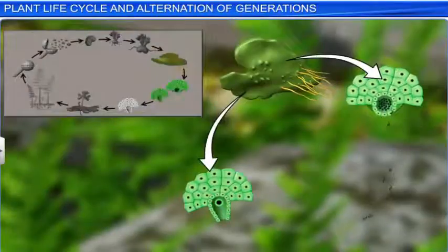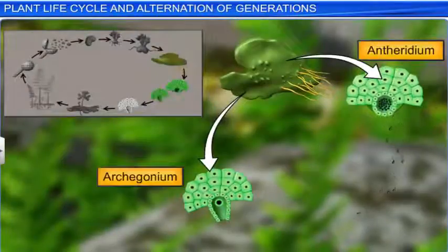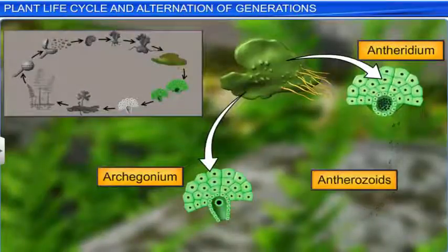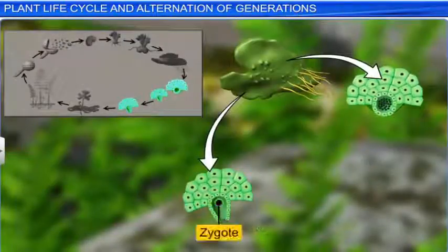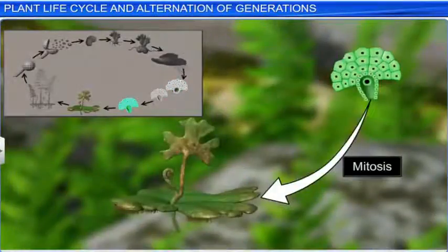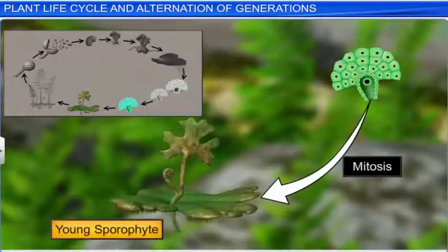The prothallus bears the antheridium and archegonium that respectively produce antherozoids and egg, the haploid male and female gametes. The fusion of these haploid gametes results in the formation of a diploid zygote, which undergoes mitosis to reproduce a diploid young sporophyte.